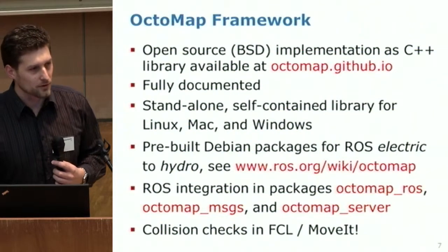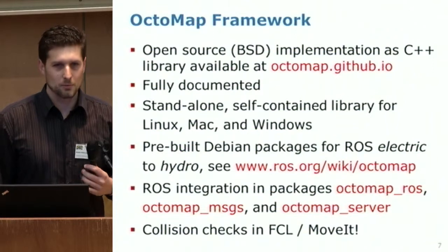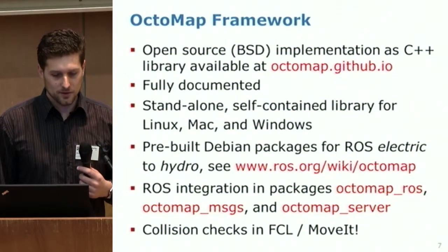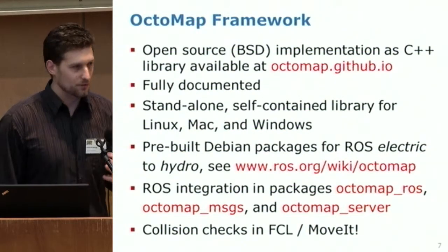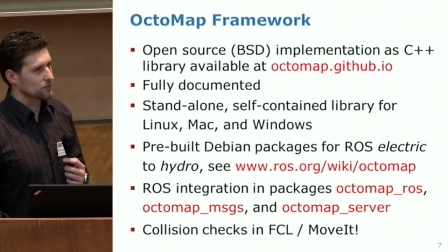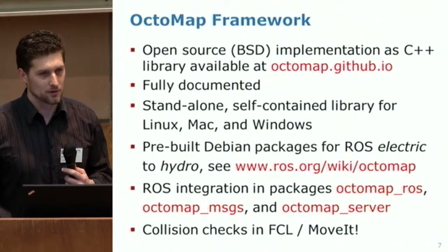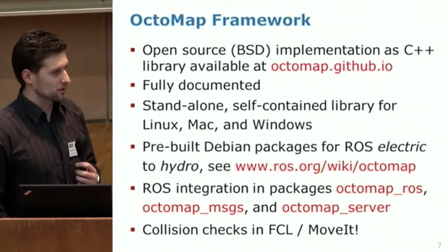So OctoMap itself is a standalone library. It's been used in a couple of things in ROS. So to make this easier, we have ROS integration in the octomap_ros, octomap_msgs, and octomap_server packages. So you don't actually have to use ROS, but it's written in a way that you can easily use it in ROS.